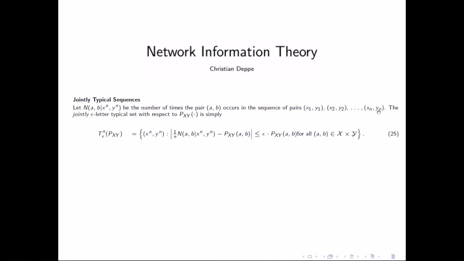And now if we want to denote the set of jointly epsilon-letter typical sequences, we denote them by this set here, and these are all sequences (x^n, y^n) such that |1/n N_AB(x^n, y^n) - P_XY(A, B)| is less than or equal to epsilon times P_XY(A, B) for all A and B in X and Y.